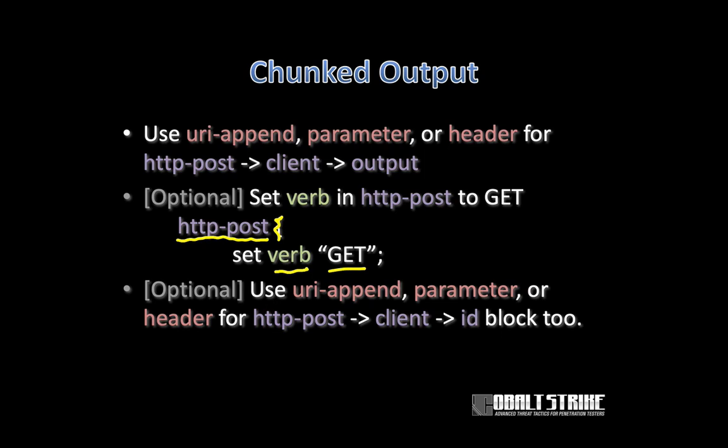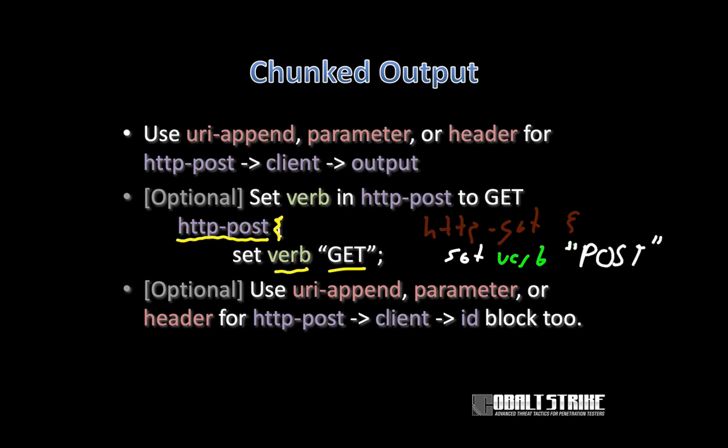Interestingly, if you really want to, you could do this. You could do HTTP get, and you could do set verb to post if you really want to. Let's do that. Post.